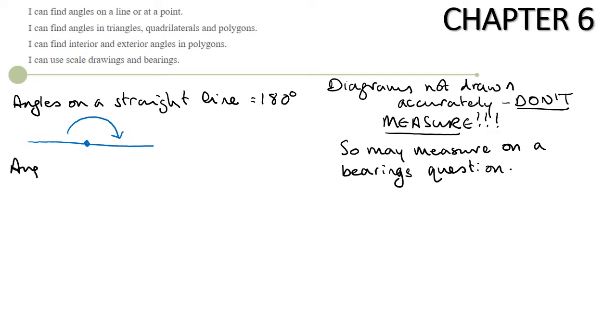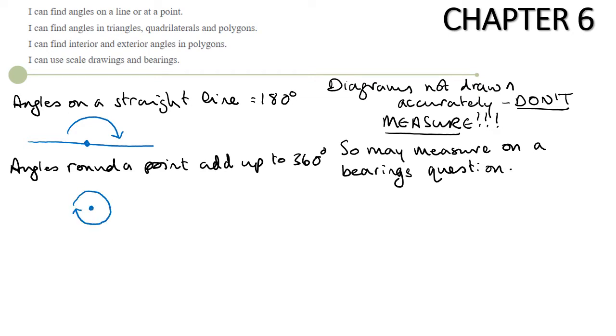Second angle rule, angles round a point add up to 360, or equal 360. So if you've got some sort of point here and we go all the way around, that's going to be 360 degrees.